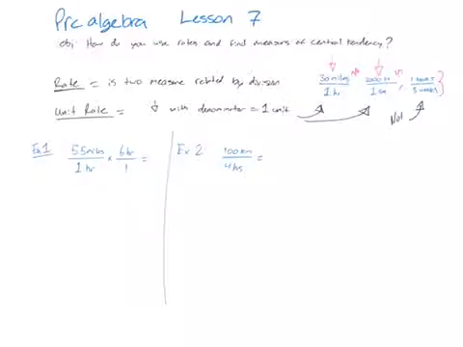Alright, so example 1 says that if you're going 55 miles per hour, approximately how far will you have gone in 6 hours? Well, notice it said 55 miles per hour, so that's why I wrote it like this: 55 miles per 1 hour. And if you can get that right there, you're doing a lot better than a lot of people will. And then you're multiplying them by 6 hours over 1, which is really just 6 hours.